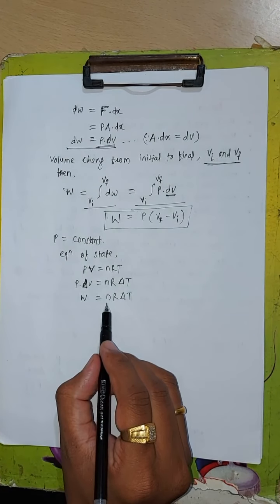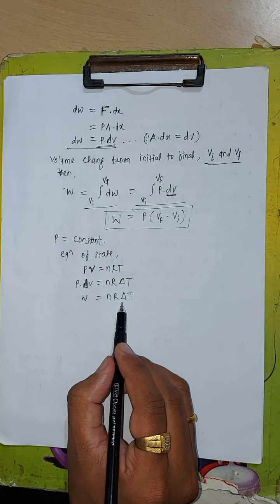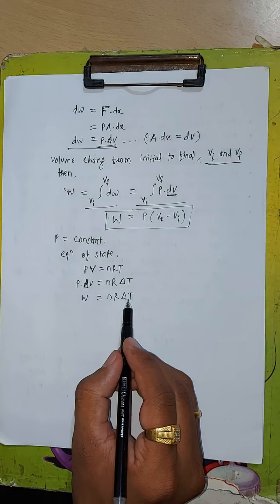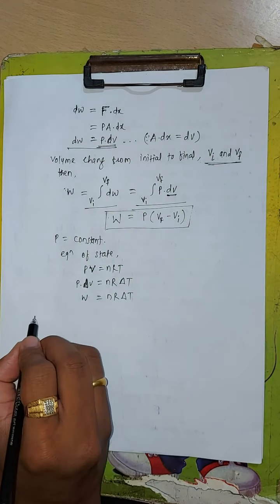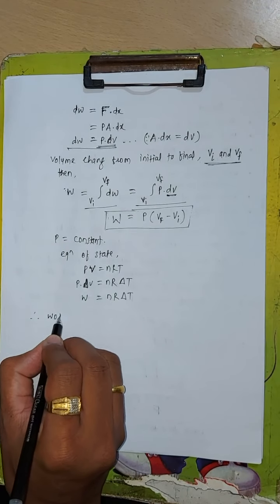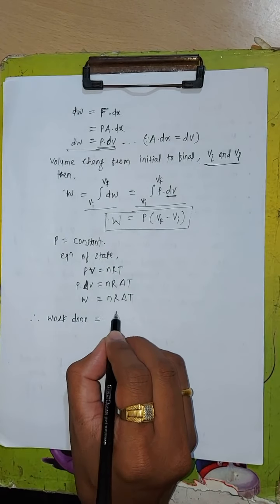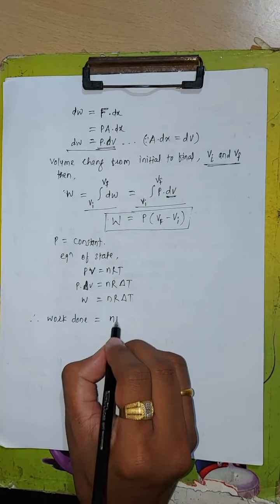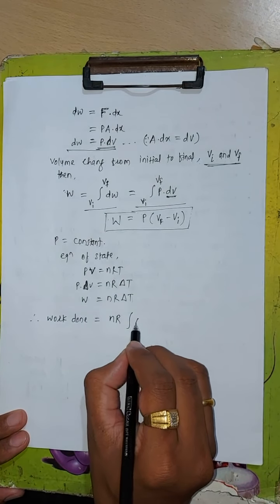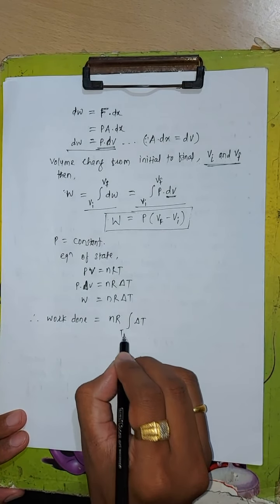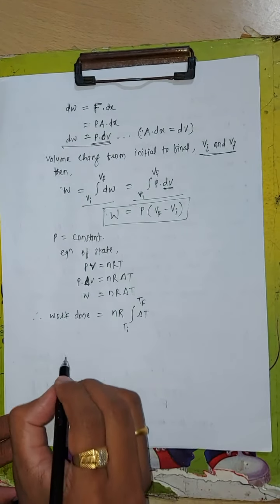Okay, so we get that equation for W as NR into delta T. In that case, N is the number of moles, R is the universal gas constant, and delta T is the small change in temperature. That means it will be changing from its initial position to final position. So finally, we write the formula for work done as NR, which are constant values we can take outside the integration, and integration of dT, where the limit goes from Ti to Tf, that is initial temperature to final temperature.